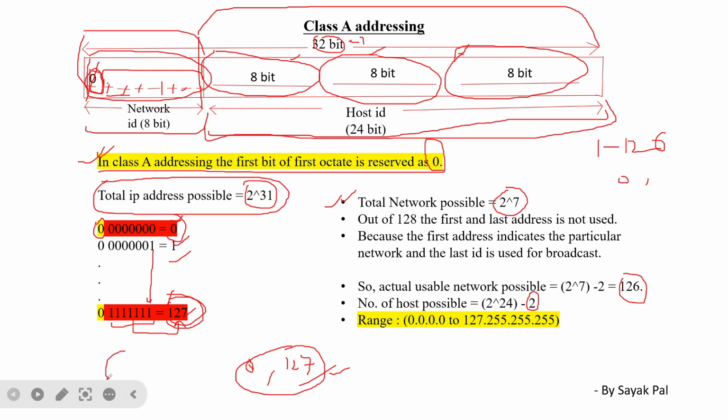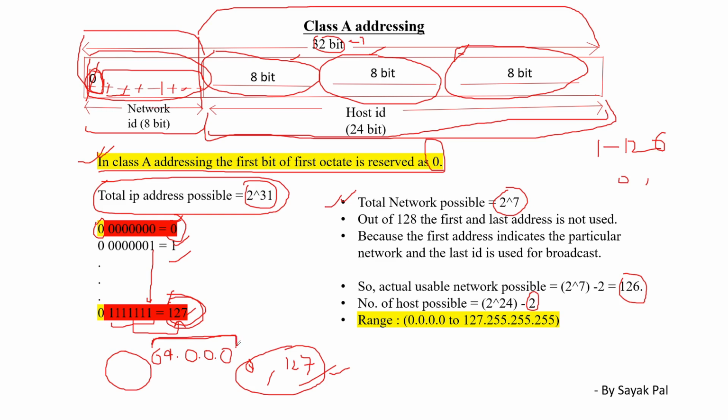Suppose this is a network, and the IP address of this network is 64.0.0.0. This is the IP address for an organization or a network, suppose Google. This is the IP address for the Google network.